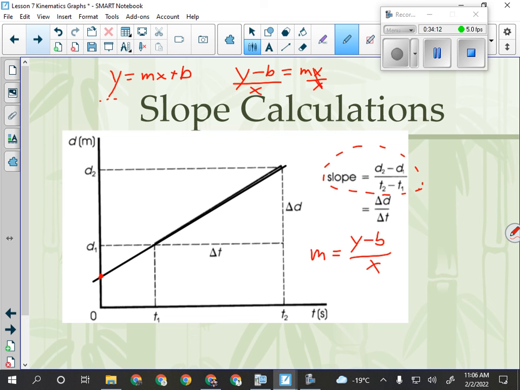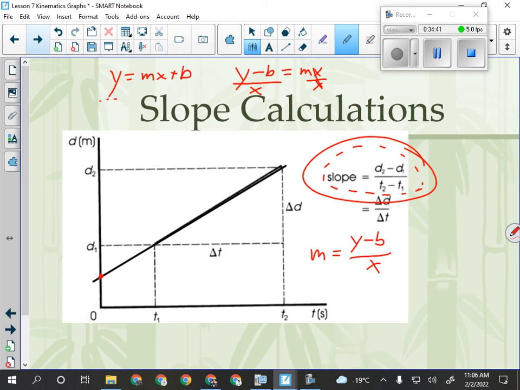So that works no matter what kind of graph I'm dealing with. That will calculate the slope, y minus b over x, which is that formula. It's the change in y, rise, divided by the change in x, the run. So that's where that formula comes from. It's actually just using y equals mx plus b. Now, on this graph, what is the slope going to represent?